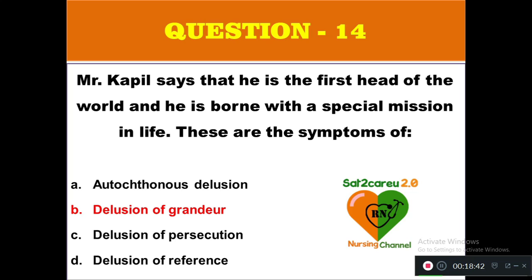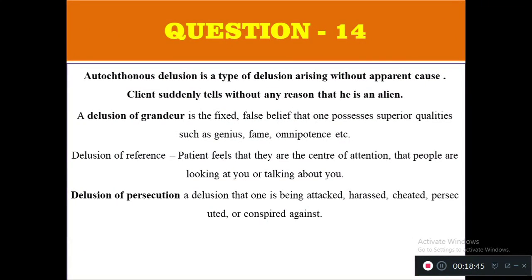Delusion of grandeur. The rationale: autochthonous delusion is a type of delusion arising without apparent cause. Client suddenly tells without any reason that he is an alien. A delusion of grandeur is the fixed false belief that one possesses superior qualities such as genius, fame, omnipotence, etc. Delusion of reference: patient feels that they are the center of attention, that people are looking at you or talking about you.